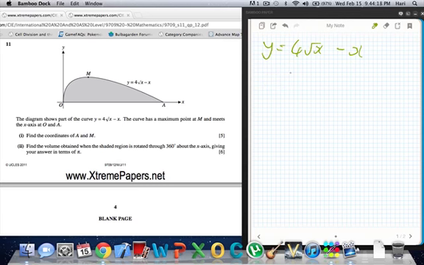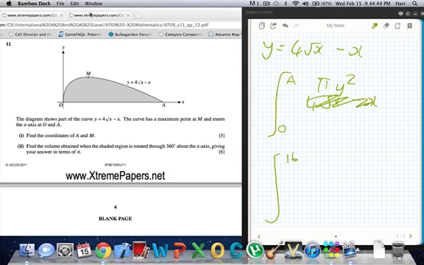Now there's a general formula for this. You have to use a bit of integration here, from O to A of pi y squared, where y is 4 root x minus x. This is the general formula. So how do we express this now? What is A? A was 16.